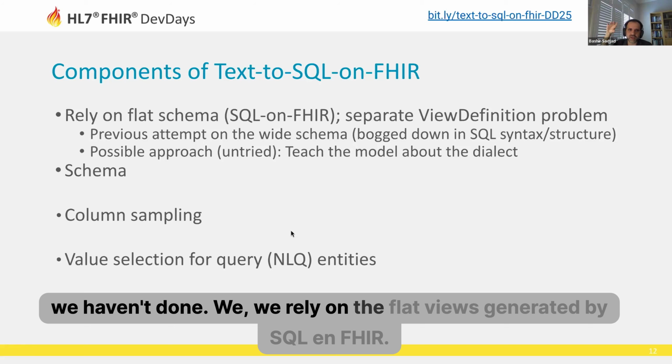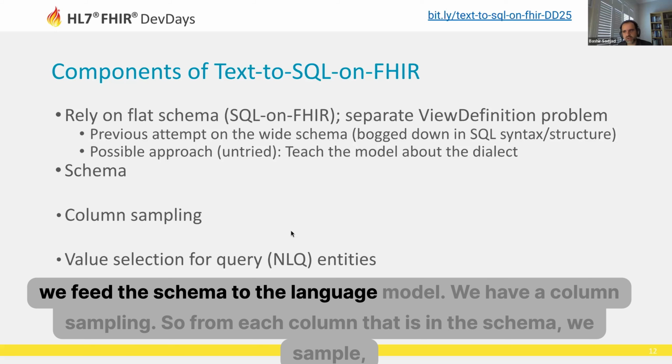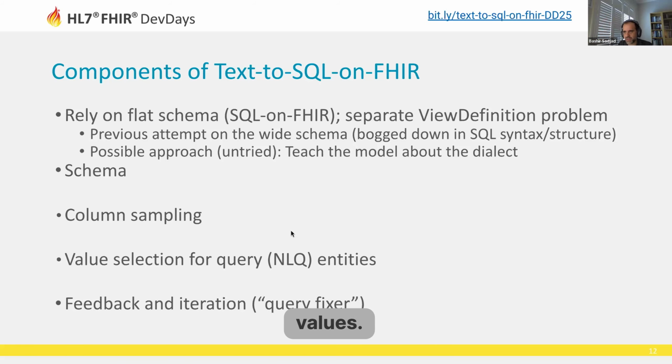We rely on the flat views generated by SQL on FHIR. So we feed the schema to the language model. We have column sampling, so from each column in the schema, we sample some of the values.